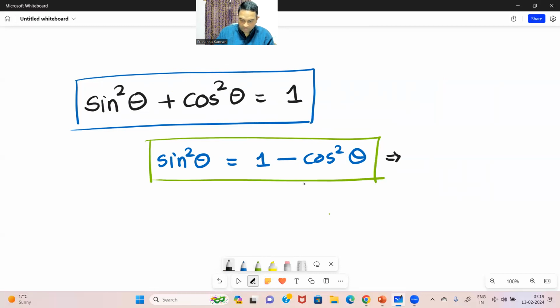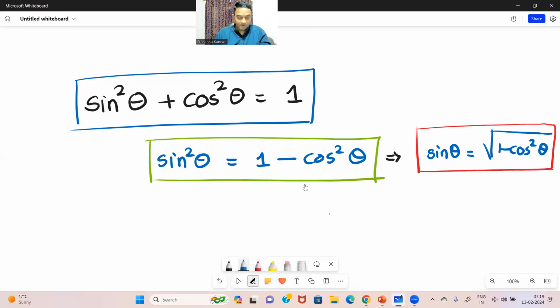If you take the square root, sin theta is the square root of 1 minus cos square theta. In some questions you may have to write it like this. Clear?